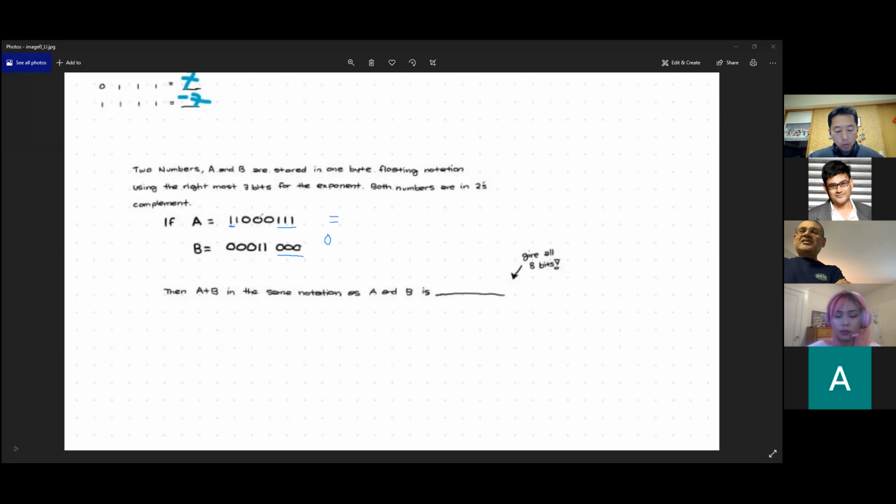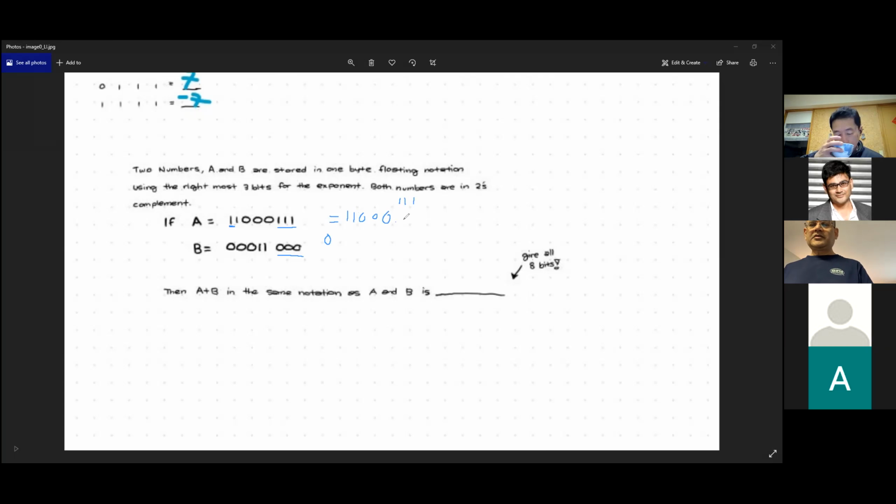Let's convert both of those numbers into decimal first. The way this is written, you put the point on the right-hand side of the mantissa. The first five digits are called the mantissa, so you write out the first five digits, 11000, and put the point on the end.